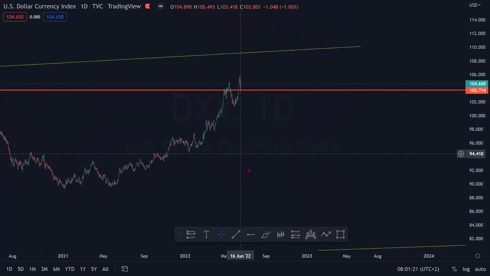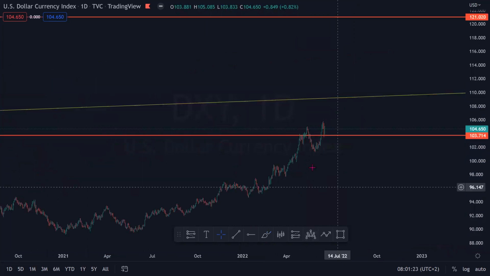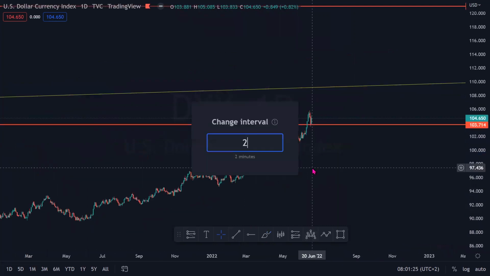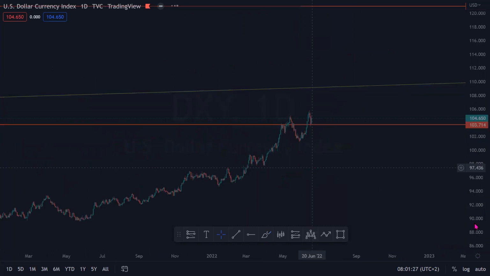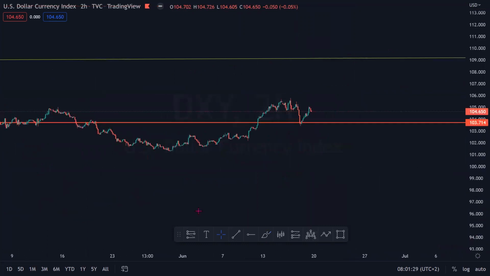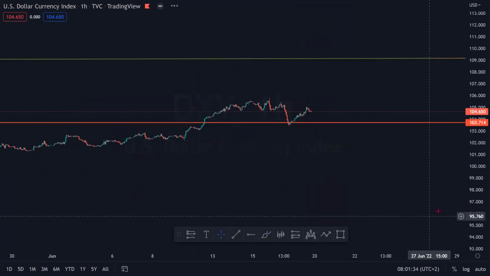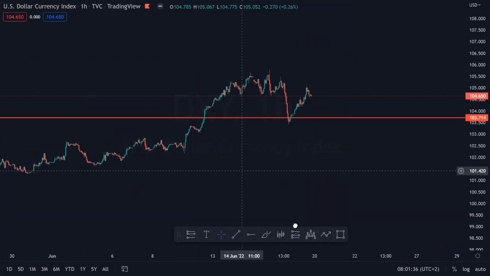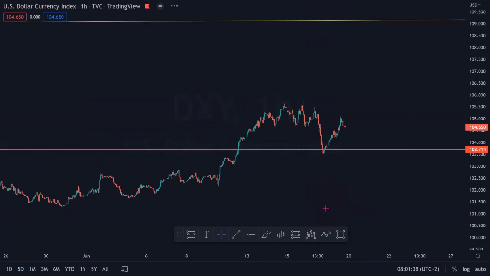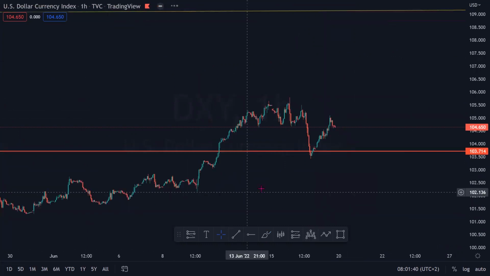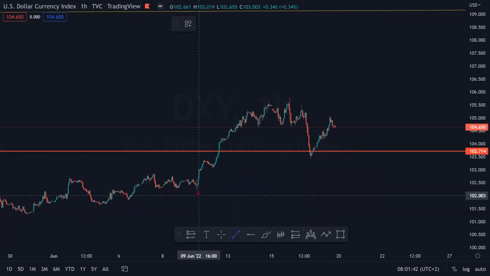Okay, this is important. Now let's go to 2 hours and see what we find. And remember, you have to keep your analysis as simple as you can. Sorry, not 2 hours, it's 1H. So let's see what we find here.